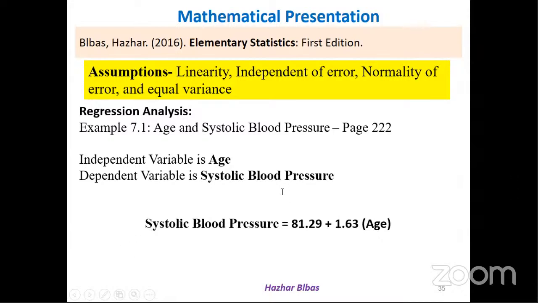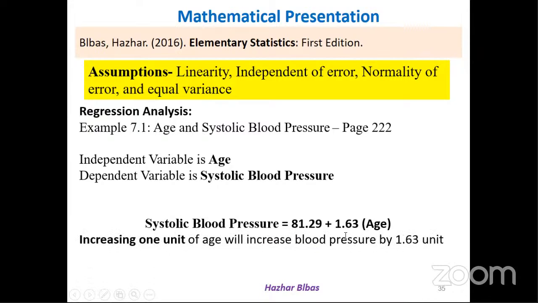What's it going to tell us? It means increasing age would increase the systolic blood pressure. Positive correlation between age and systolic blood pressure because there is a positive sign. Okay, another important thing, increasing 1 unit of age would increase the blood pressure by 1.63.